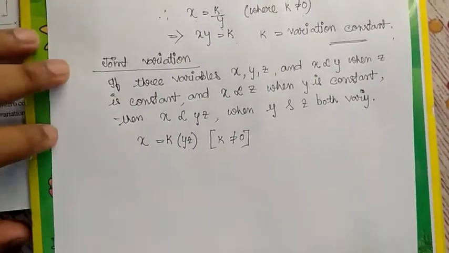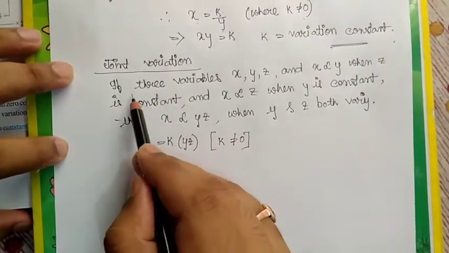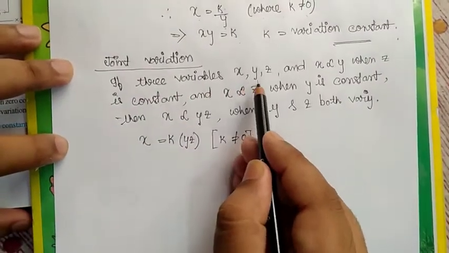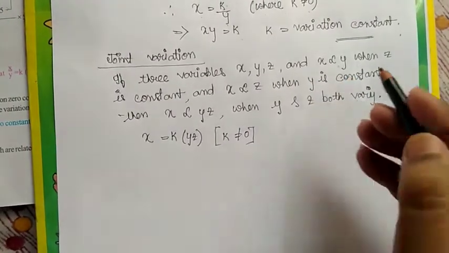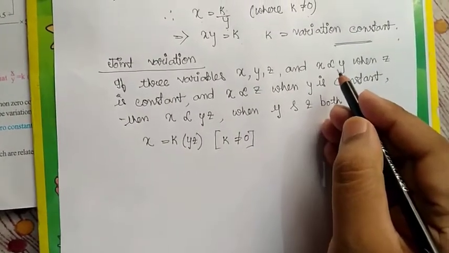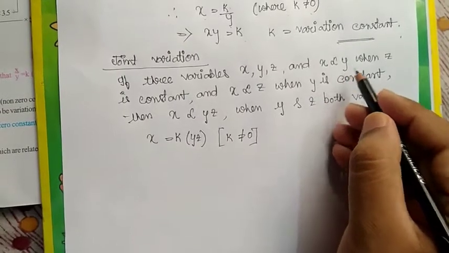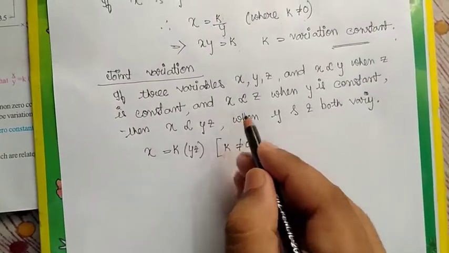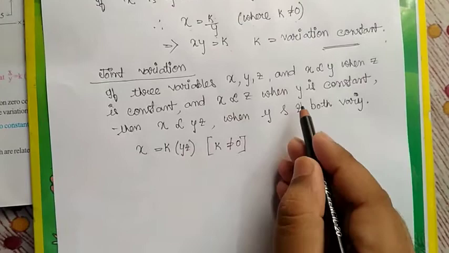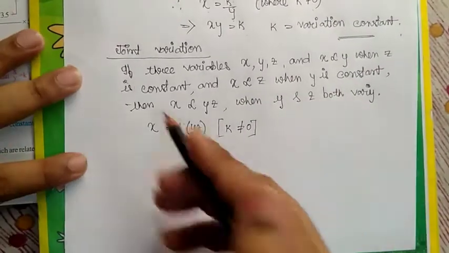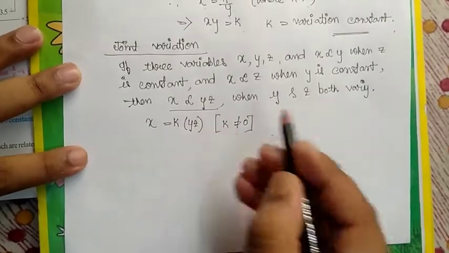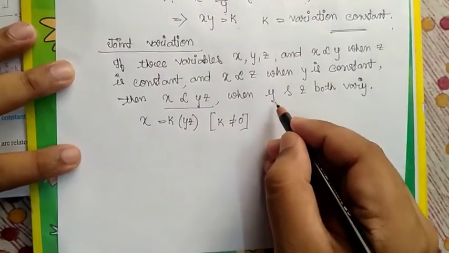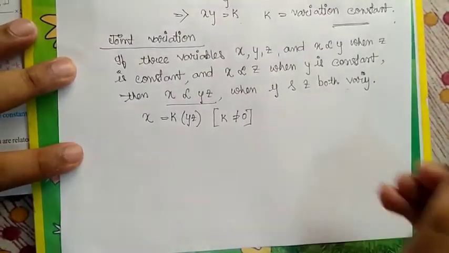And the last one is joint variation. If there are three variables x, y, z, and x varies with y when z is constant, and x varies with z when y is constant, then x varies with yz when y and z both vary.